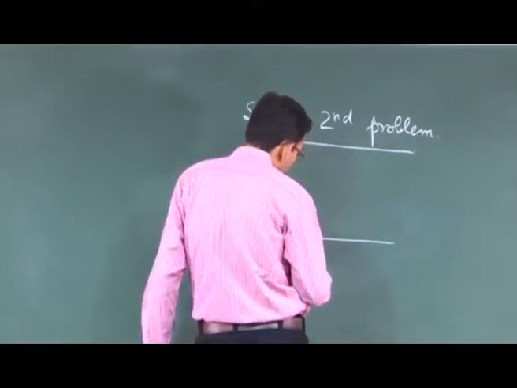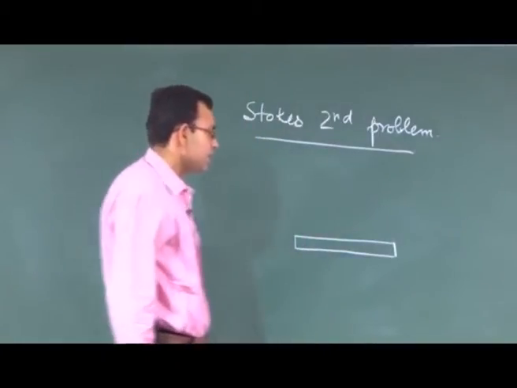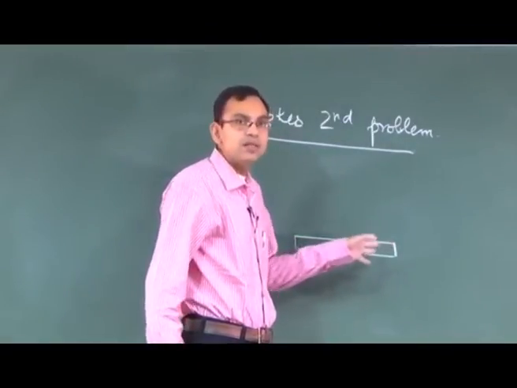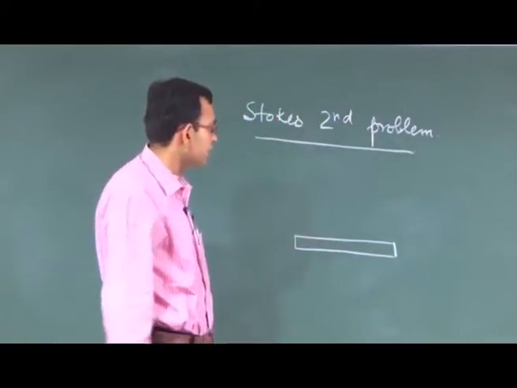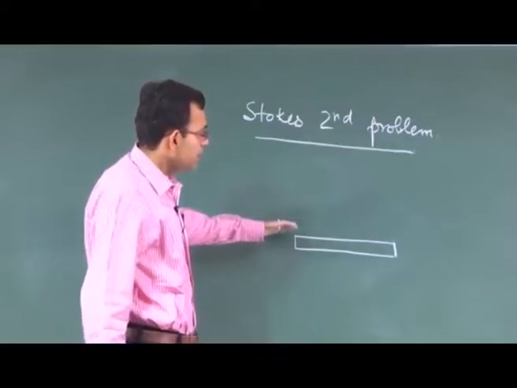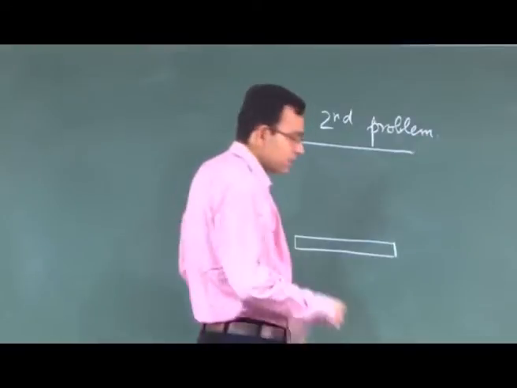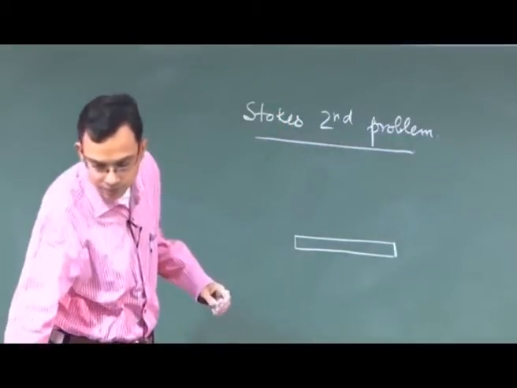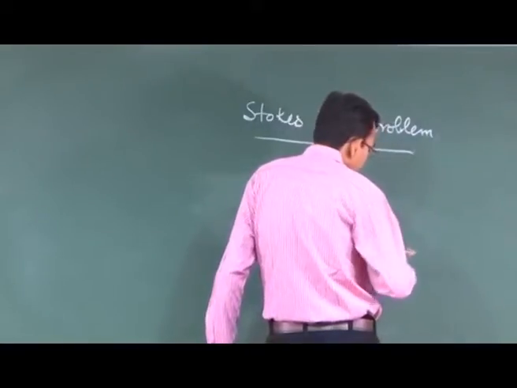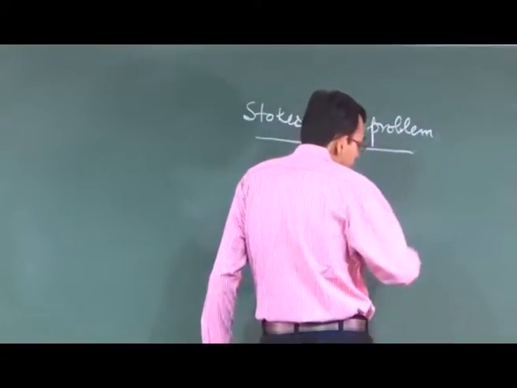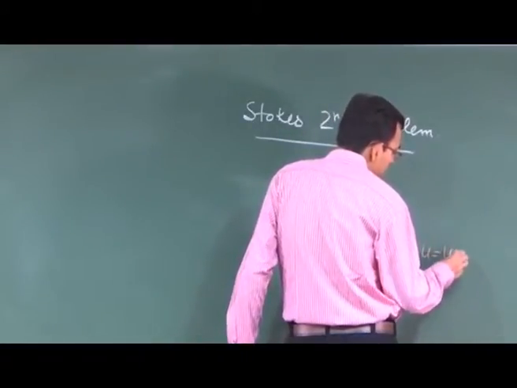Stokes problem is all about a plate and a sudden movement actuated on the plate, and how the fluid on one side of the plate responds to that. In this case also there is an unbounded fluid on one side, but a major difference now is that this plate, instead of being dragged in one direction, is being oscillated.